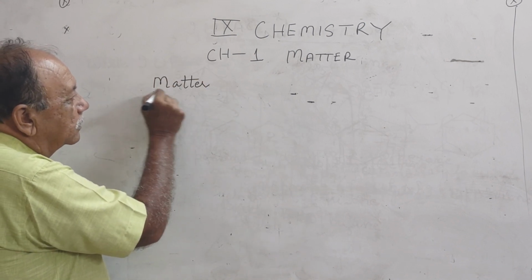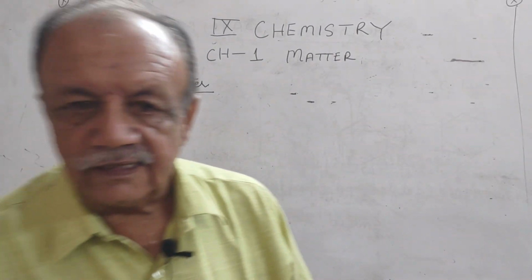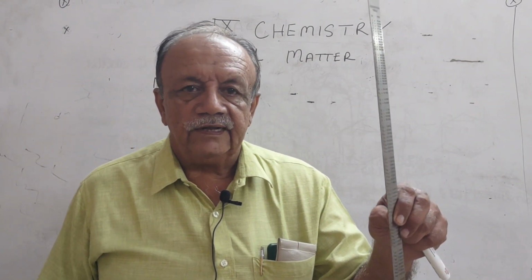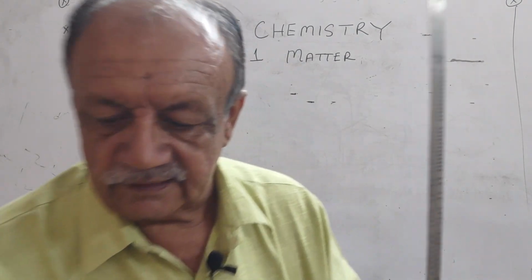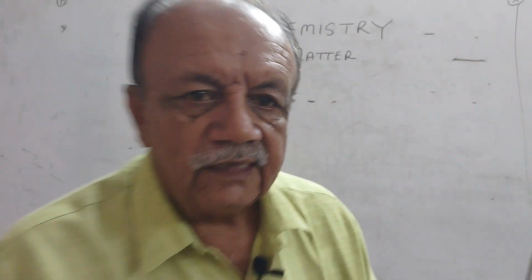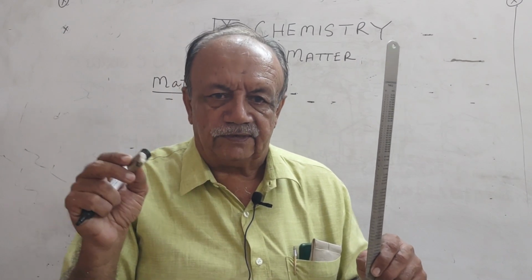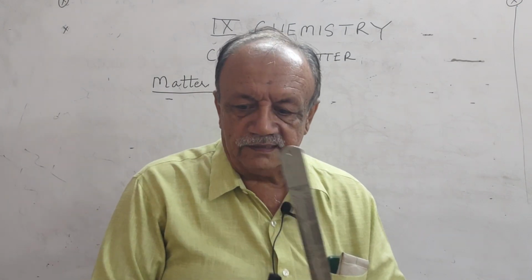What is matter? Please see here. This scale is made up of iron. It is matter. This is a rubber we use for erasing purposes. It is also matter.